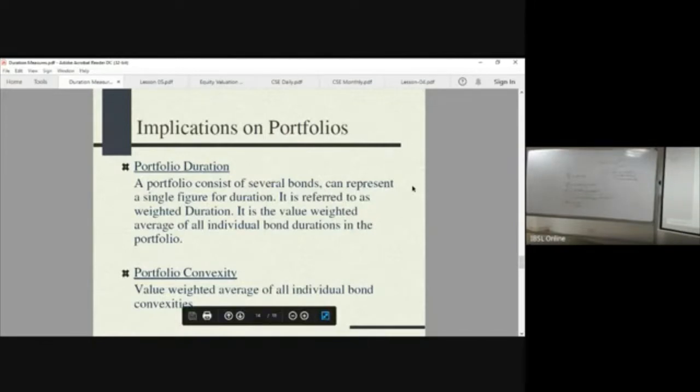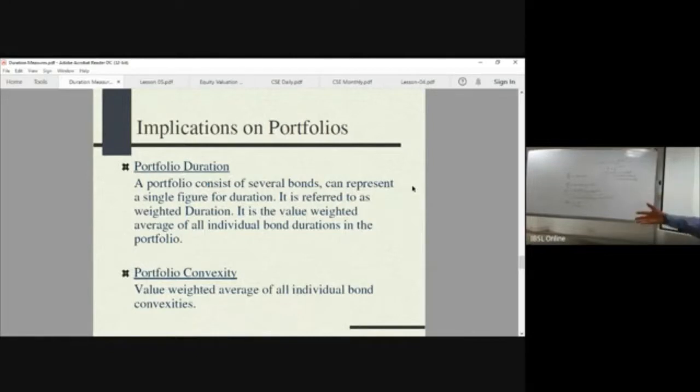Now we go to another concept. We call it the portfolio duration. Now, what is a portfolio? Portfolio means you may have a number of bonds in it. Treasury bonds, a number of treasury bills or whatever. So in a portfolio, you have a number of assets.